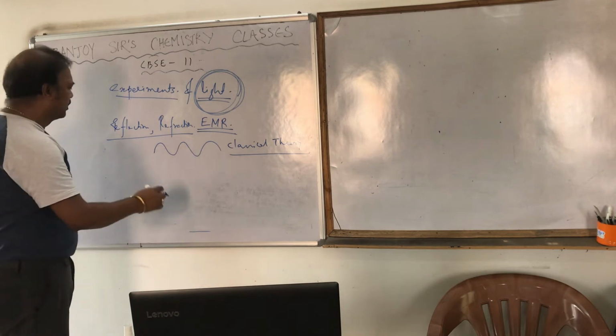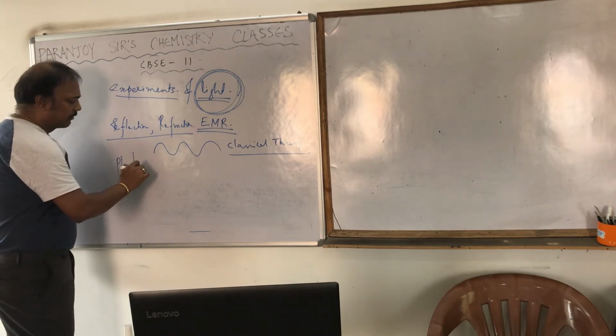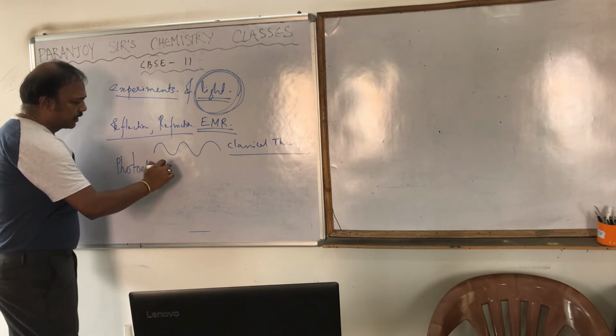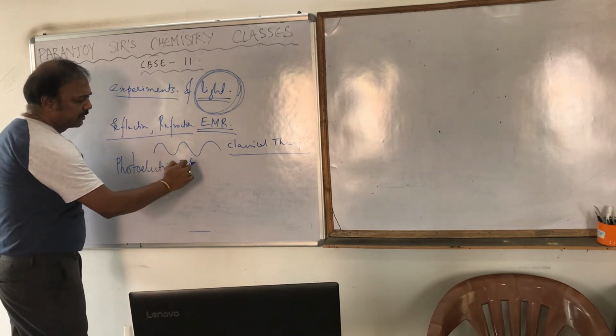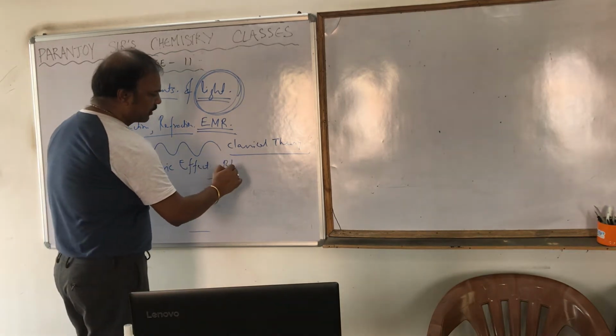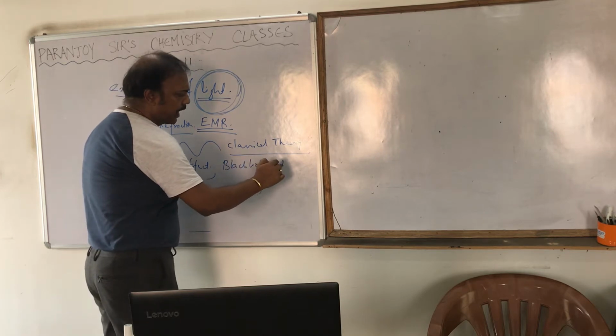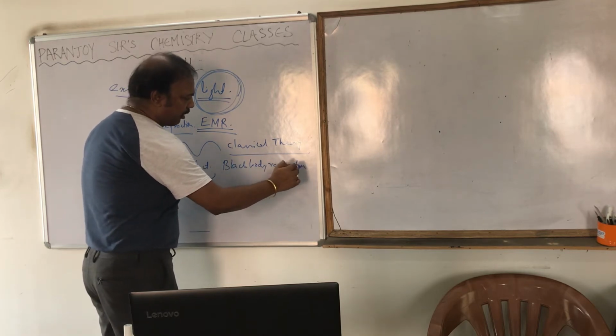For example, the photoelectric effect. This we are going to study in detail. This is the only one which I am going to study in detail. But I am telling the names of some: black body radiation, then Compton effect.